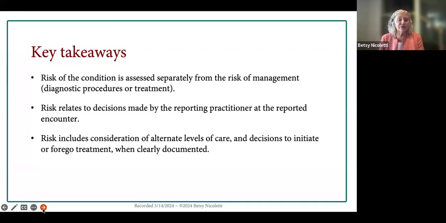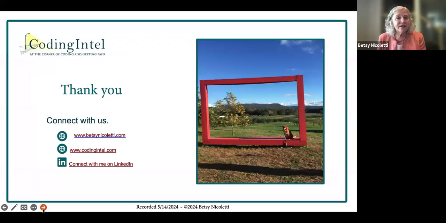And risk does include consideration of alternate levels of care and decisions to initiate or forego treatment when clearly documented. So assessing risk, it's just one part of selecting the level of service when we're looking at an evaluation and management service. And although risk is only named in that third element, we are considering the risk of the condition when we're looking at that first element.